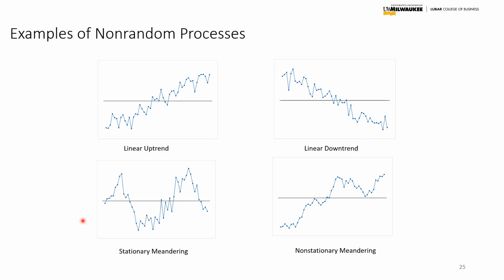Here we have a process that I'm calling stationary meandering. Meandering in the sense, like a river, it's moving around up and down, but it's stationary because it's basically staying put around some average level. Whereas non-stationary meandering, we have these ups and downs, but there seems to be a tendency for it to run away.